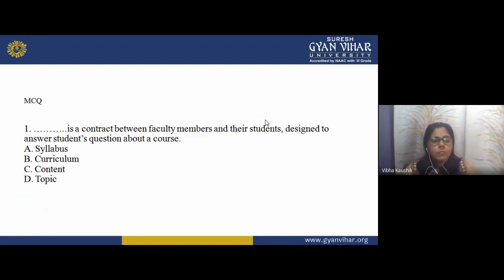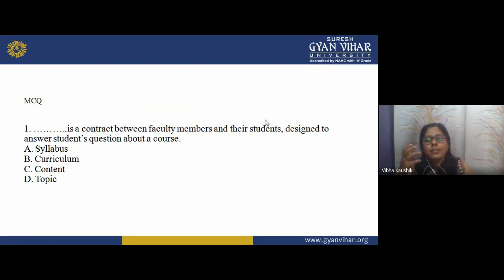Now let us discuss some MCQs based on the topic which we have discussed today, as MCQs are the best tool to measure the most important learning outcomes of the learner. Now the first one: dash is a contract between faculty members and their students designed to answer student questions about a course.